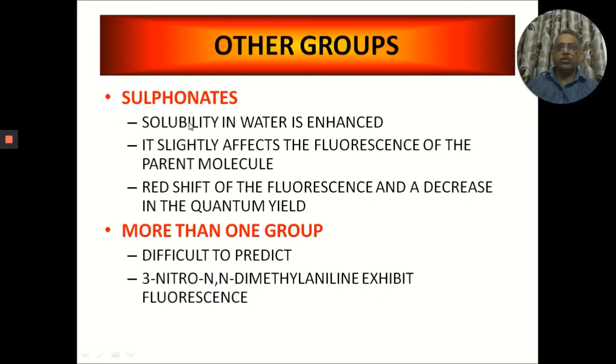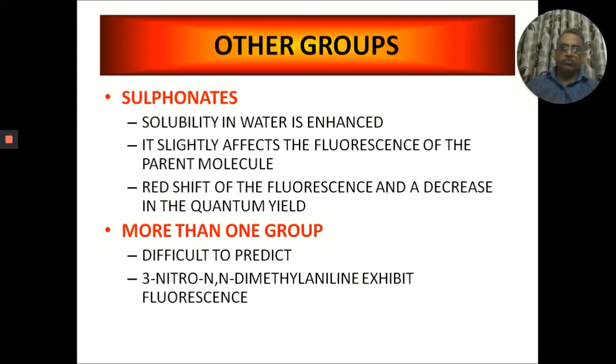Now, if we have donor and acceptor groups in the same molecule, then it's very difficult to predict whether n to pi star or pi to pi star is becoming the low energy transition, and whether the molecule will have low or high fluorescence quantum efficiency. If you have n to pi star, generally it's a low quantum efficiency of fluorescence. If you have pi to pi star, high quantum efficiency of the fluorescence.